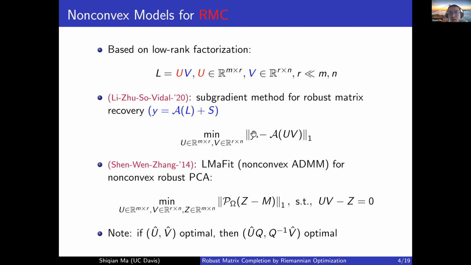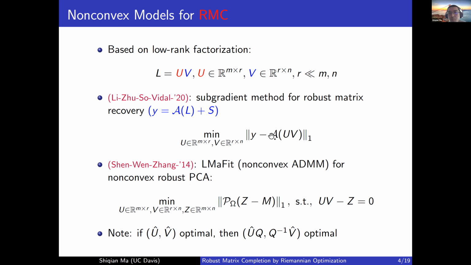So basically, you minimize Y minus A of U times V. That means you replace L by U times V. So that's a low rank factorization. And you minimize the L1 norm of this vector to promote the sparsity of S. All right. So in the paper, they proposed to use the subgradient method to solve this problem.